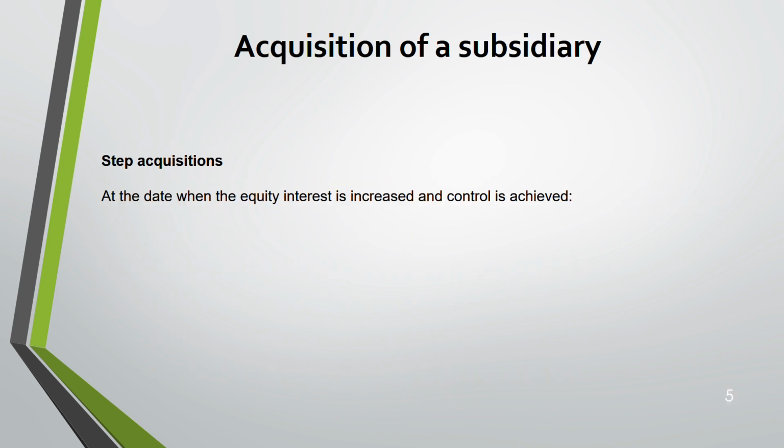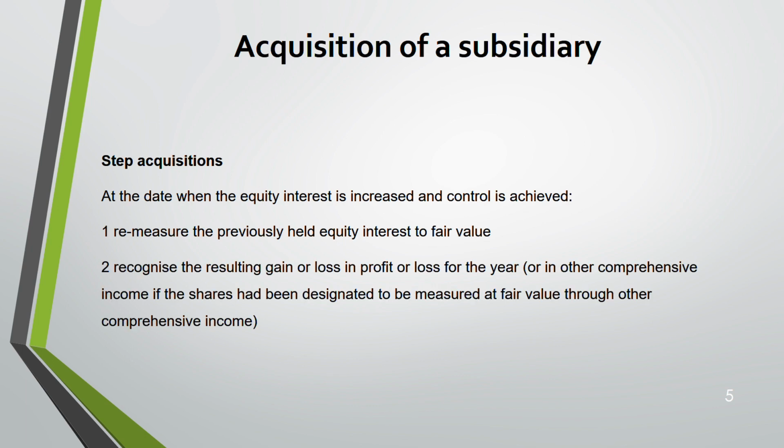Now, on the date when the equity interest is increased and the control is achieved, remember earlier there was no control, but when you achieve that control, this is what you have to do. You have to remeasure the previously held equity interest to fair value, then recognize any gain or loss.